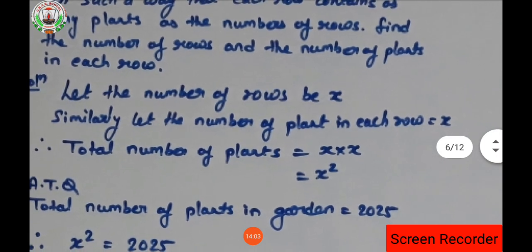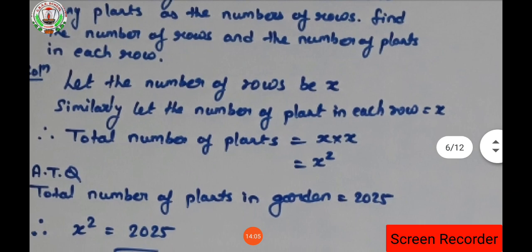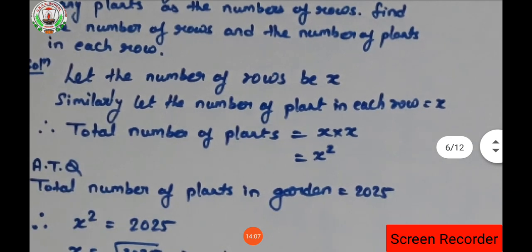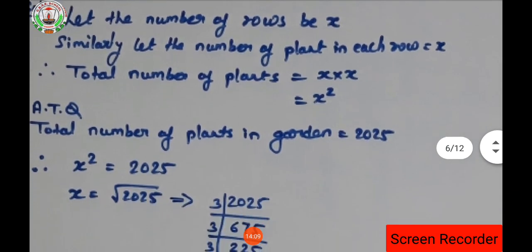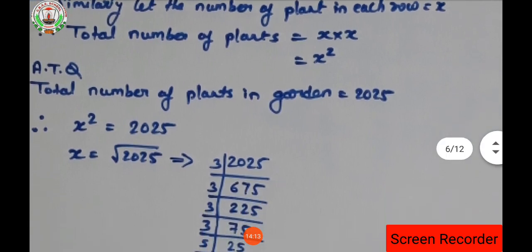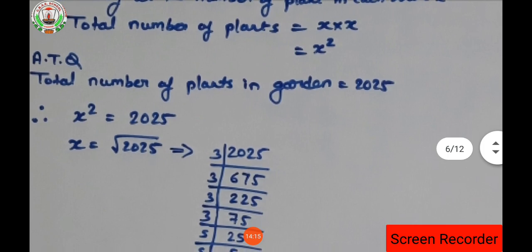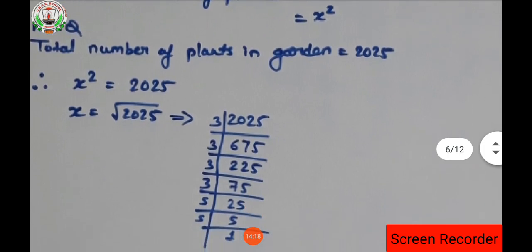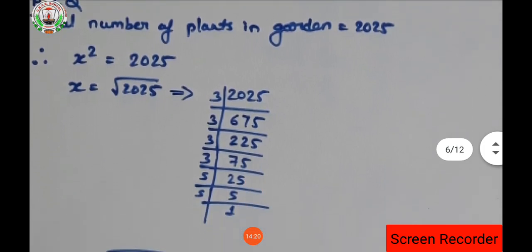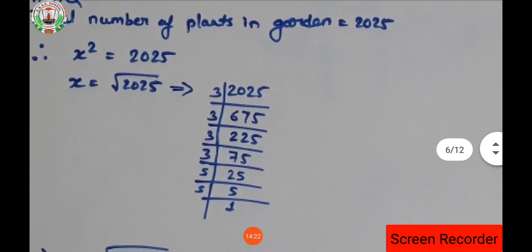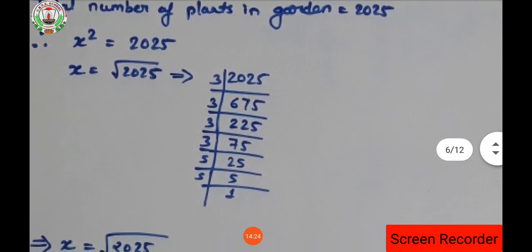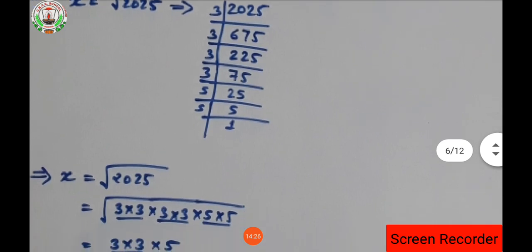So according to the question, the total number of plants in the garden is given as 2025. So the square root of 2025 will be how much? You have to find the factors, isn't it? So here are the factors of 2025. Look, all the factors are in the form of pairs.